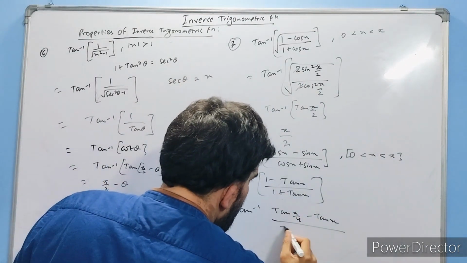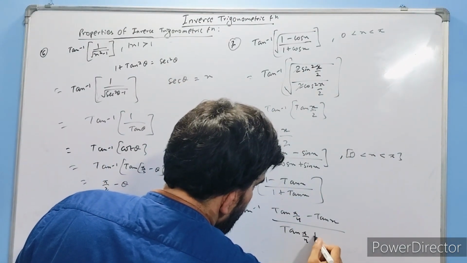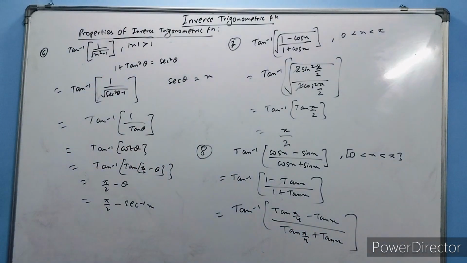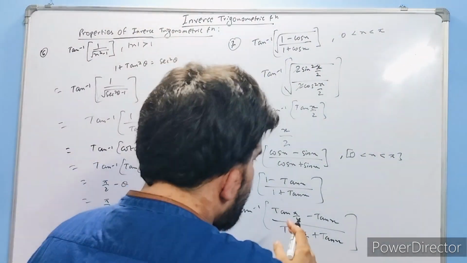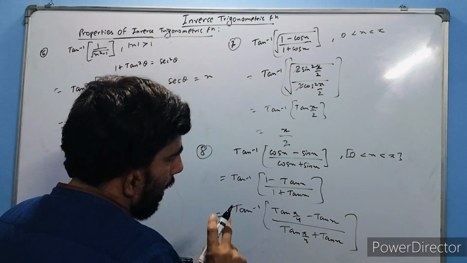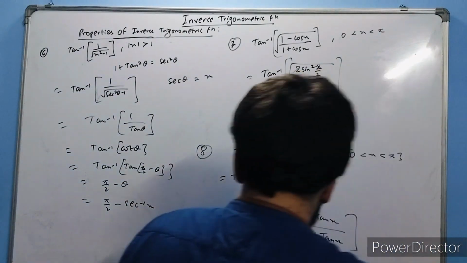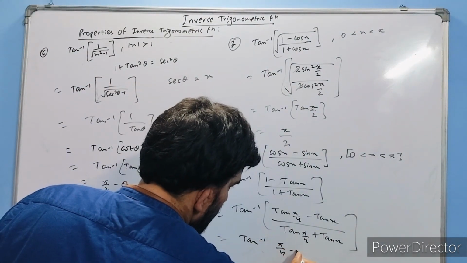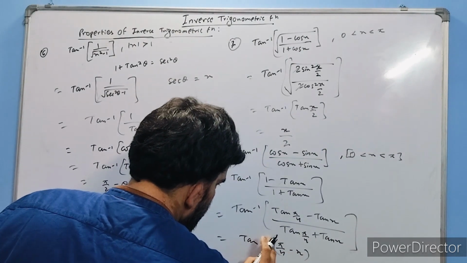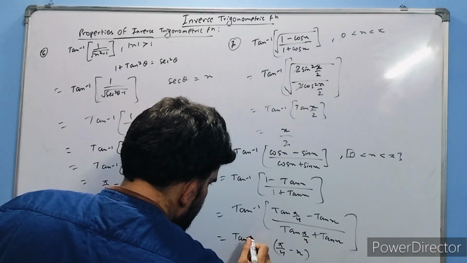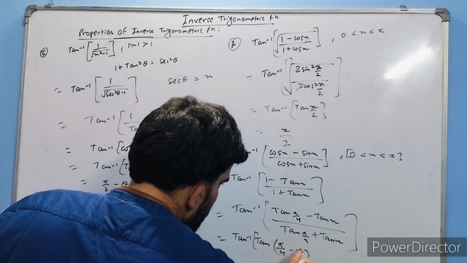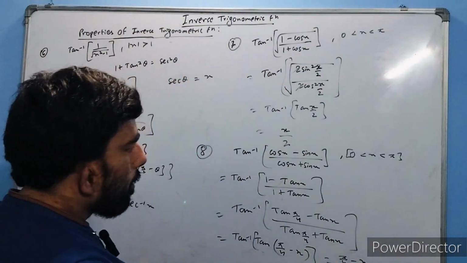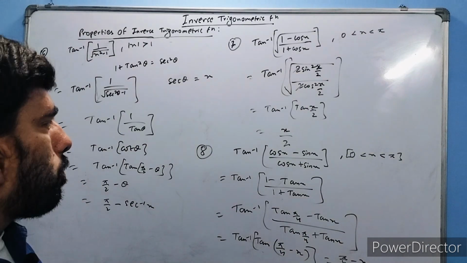So I have used tan pi by 4 plus tan x. Now we know the formula for tan of x minus y, so we'll have tan inverse, pi by 4 minus x. So now we have pi by 4 minus x. That is how we are able to solve the numericals.